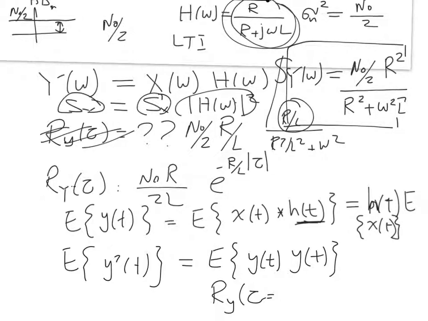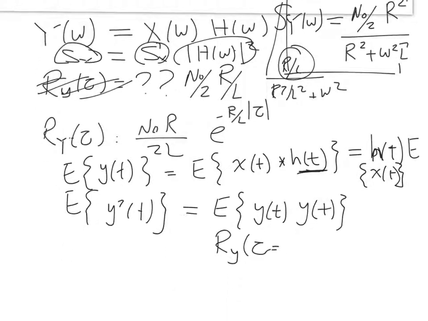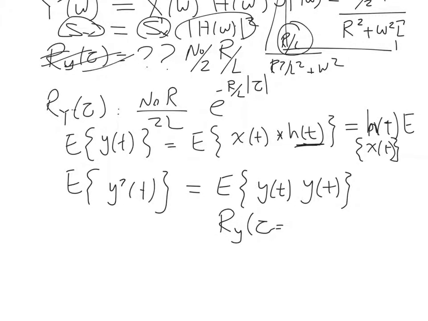What's the autocorrelation? It's the expected value of y of t times y of t plus tau or minus tau. So if it's y of t times y of t, it must be that tau is equal to 0.